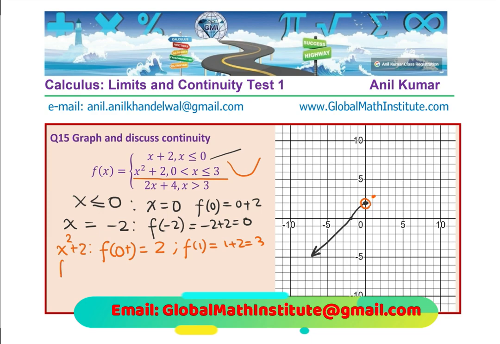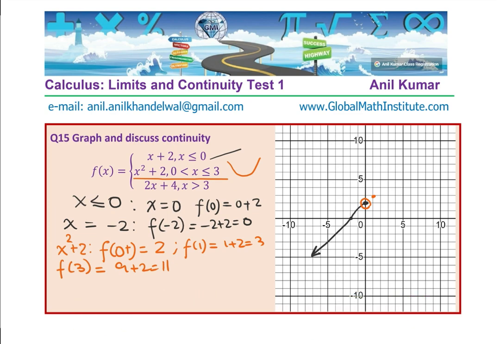Then at 3 itself, the value is 9 plus 2, or 11. So at 3 we have 11, which is 1 more than 10. Since the shape is a parabola, I can always connect it with this shape, right? So that is the parabola.